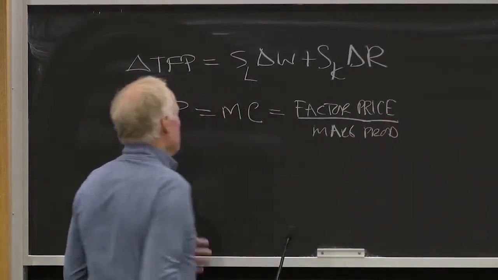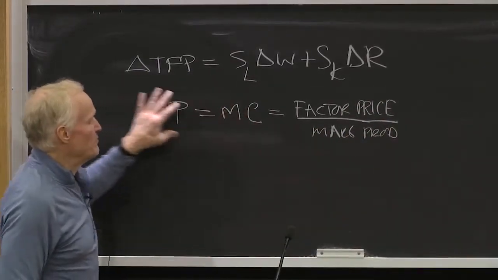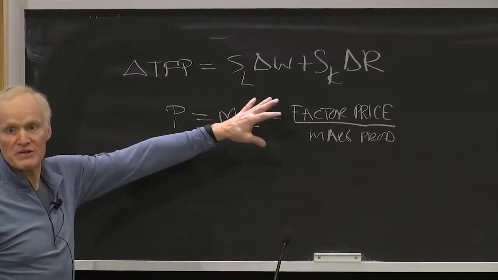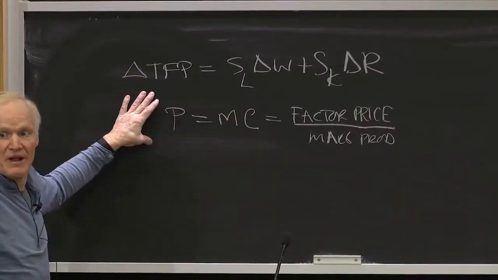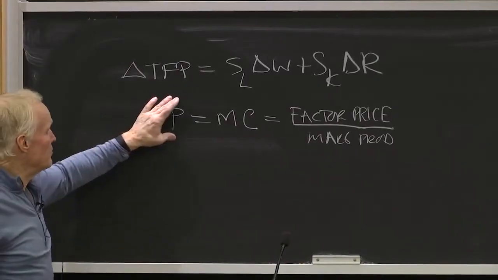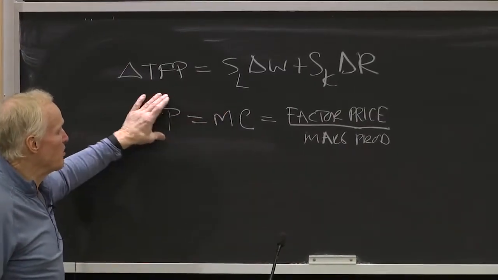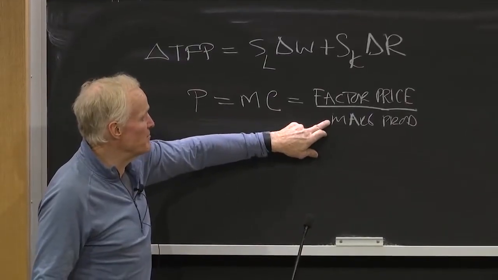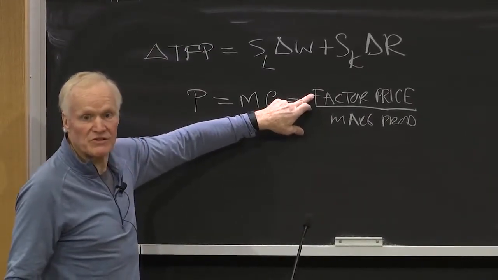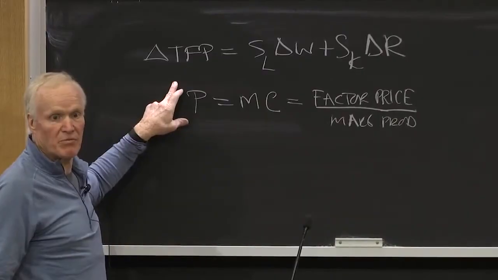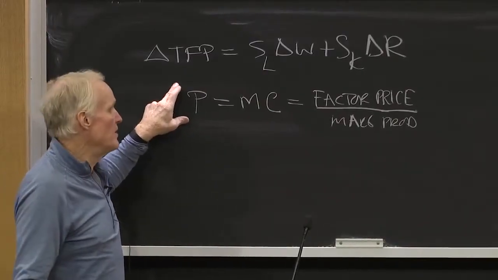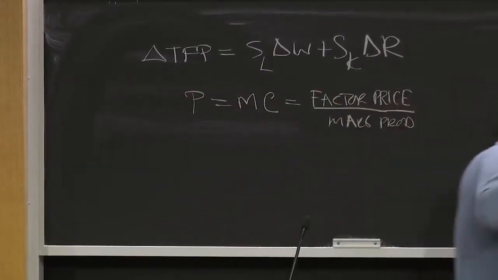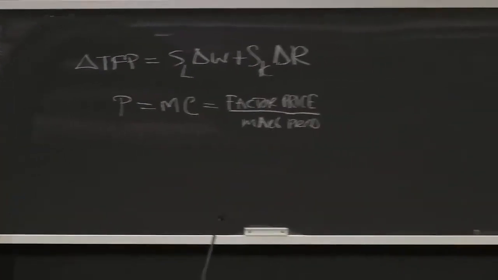That's just like, price times marginal product equals wage rate, right? This is generalized to more than one input. So price equals marginal cost is price equals factor price divided by productivity. So if this goes up 10%, that allows factor prices to rise 10% for a given level of price. Okay? So that's basically the idea, and that gives us this as sort of a simple equation.